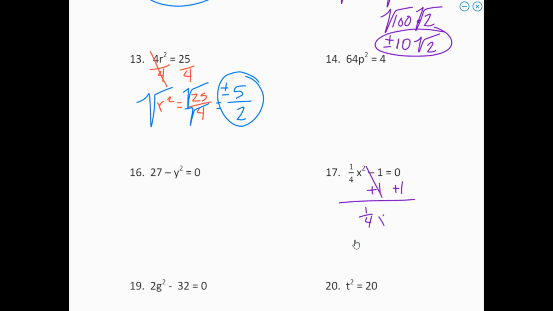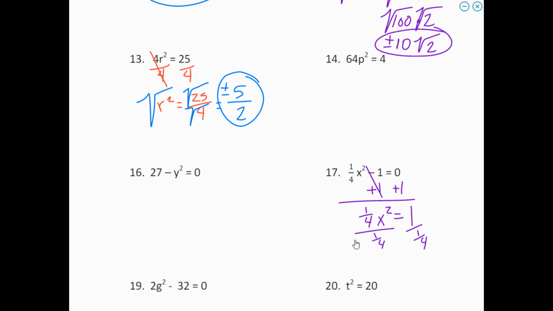So we get 1/4 x squared equals 1. Now what? Divide by 1/4. Your calculator will divide by a fraction. So yes, divide by 1/4. If I divide 1 into 4 equal groups, how many groups do I get? 4.